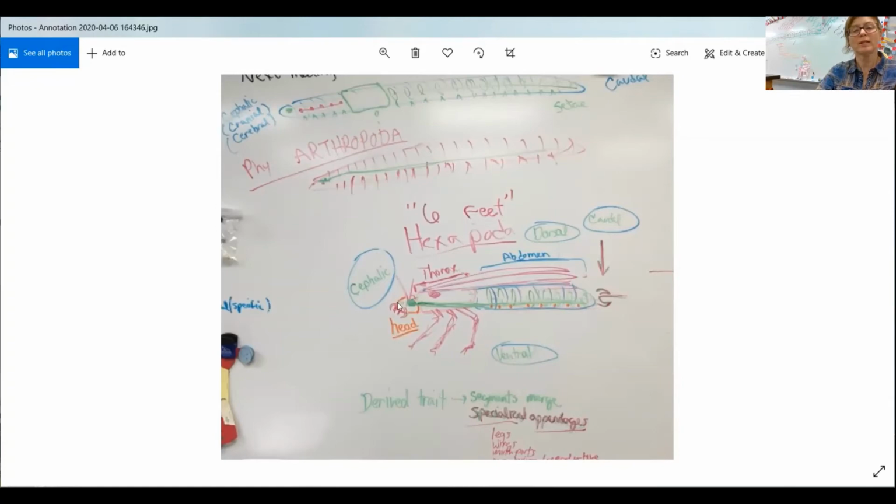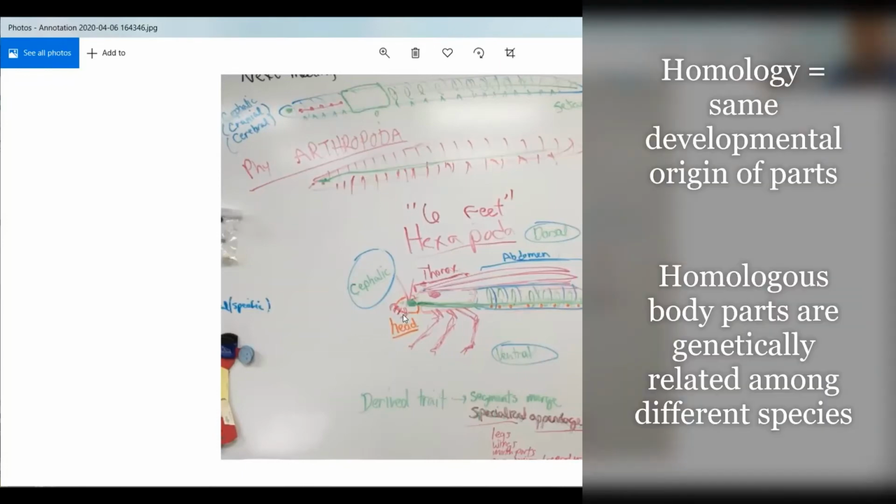So by the time we're comparing millipedes to insects, we can see that the same genes that turn on the front leg of the millipede are turning on some of the mouth parts for the insect. So we can see a homology, a genetic relatedness, between the legs at the front of the millipede and the mouth parts in the insect.